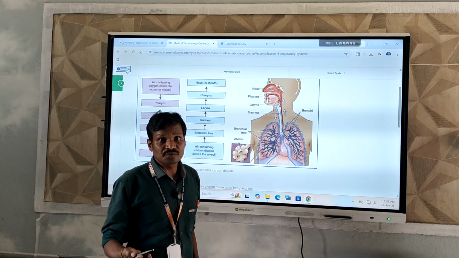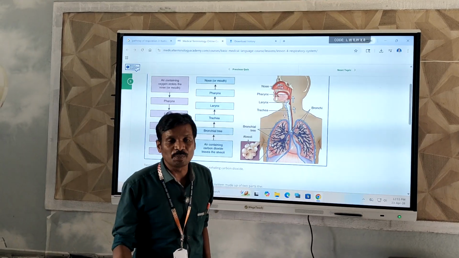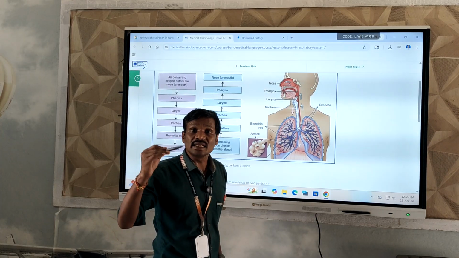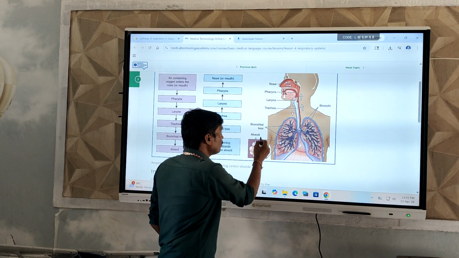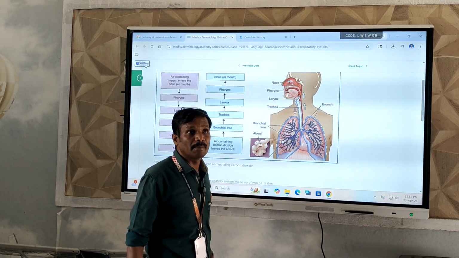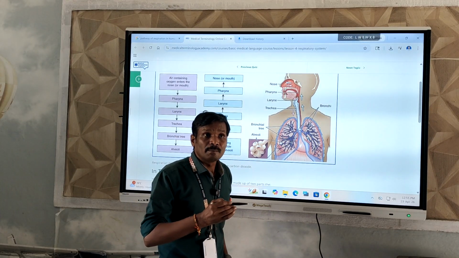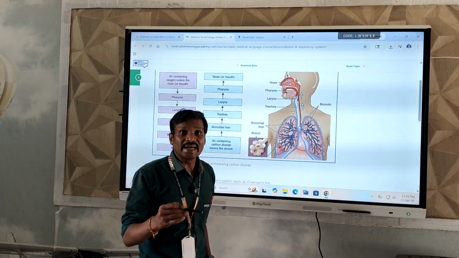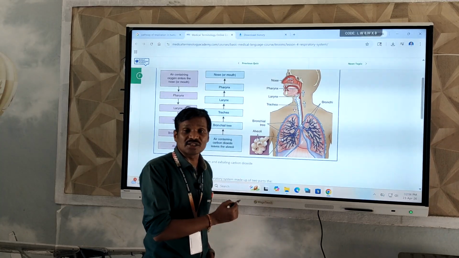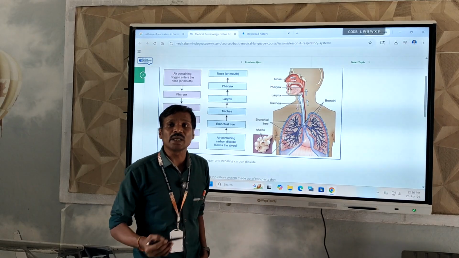Each oxygen molecule combines with the blood cells, where the oxygen is absorbed by the pigment named hemoglobin. Hemoglobin binds the oxygen molecule, and this involves breaking down of energy. Respiration basically means breakdown of energy. It is a catabolic reaction.